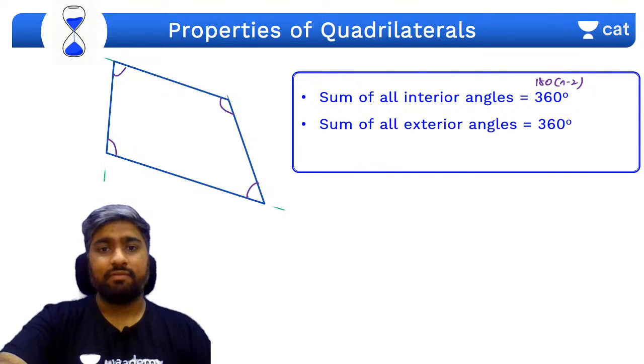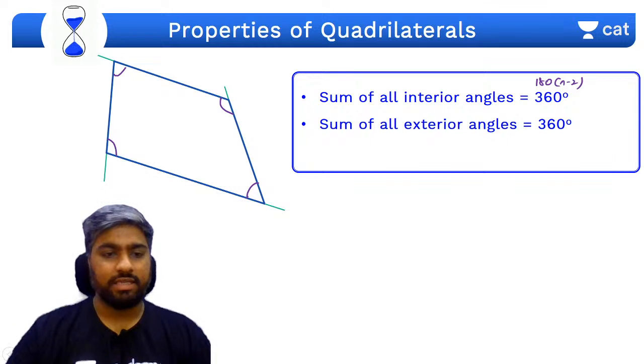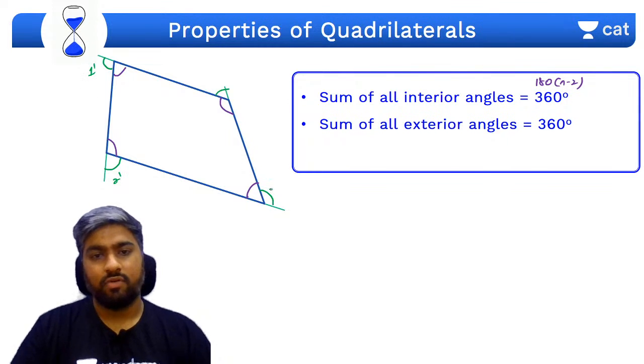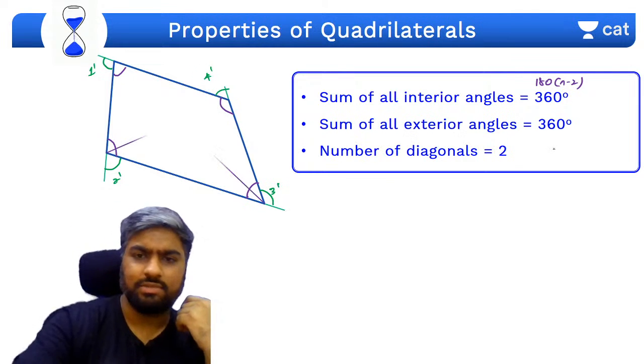Good. And then we have external angles. The sum of the external angles would always be 360. We've known that also. This applies for any polygon. 360 always. So if you add these angles, 1 dash, 2 dash, 3 dash, and 4 dash, this will end up being what? 360 is something we know.